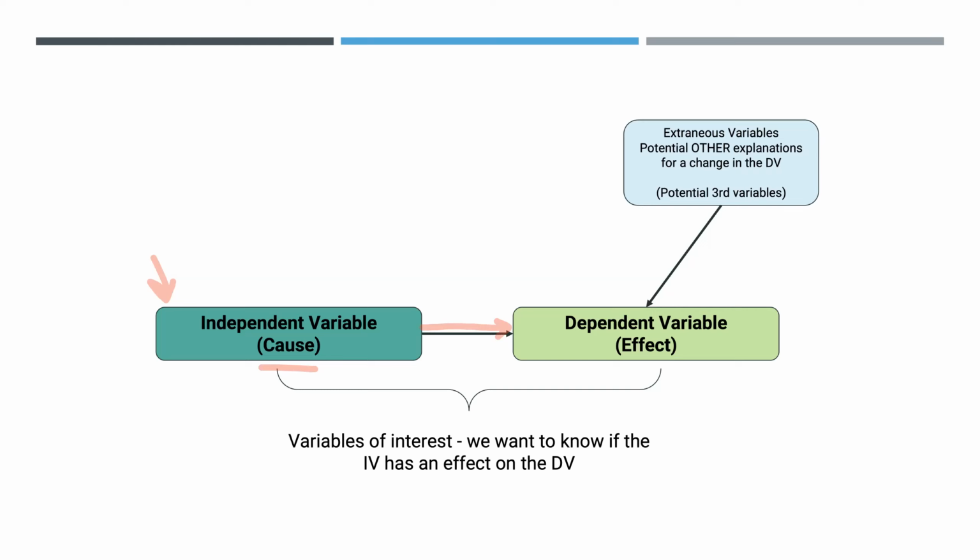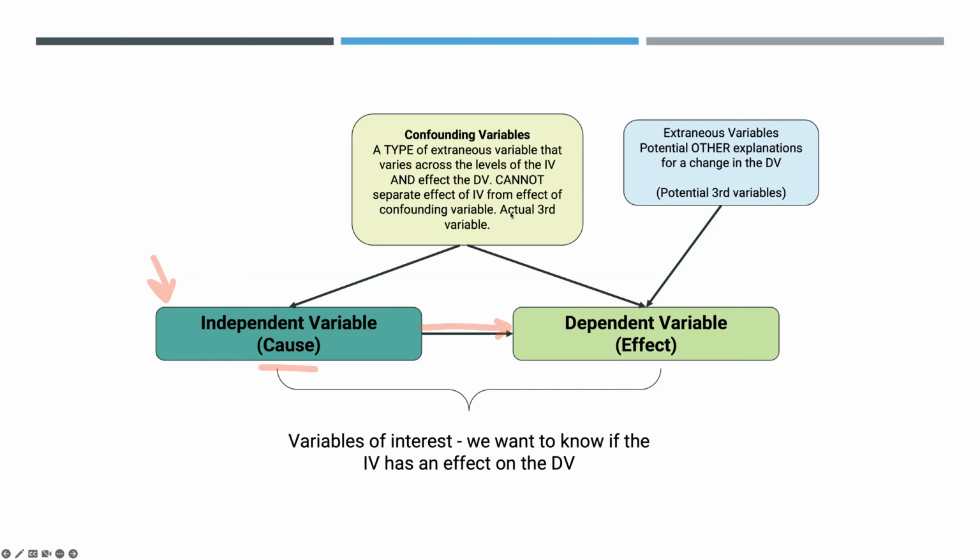For confounding, the difference is that the confounding variable is related to the independent variable and the dependent variable, whereas an extraneous variable doesn't have a relationship with our independent variable. So think about a confounding variable as something that changes depending on the level of the independent variable. Now I'm going to get into our example and we'll talk about this a little bit more.